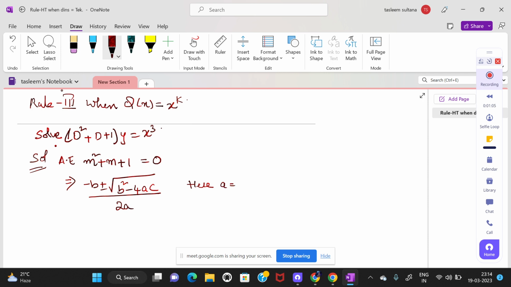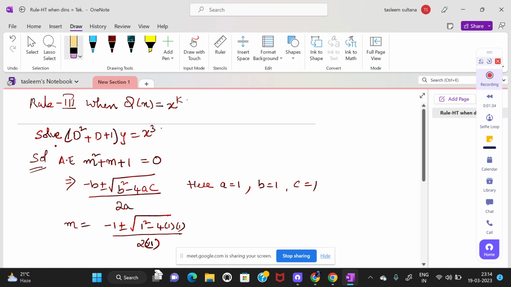So m equals minus 1 plus or minus under root of 1 whole square minus 4 into 1, divided by 2 into 1. Your a equals 1.